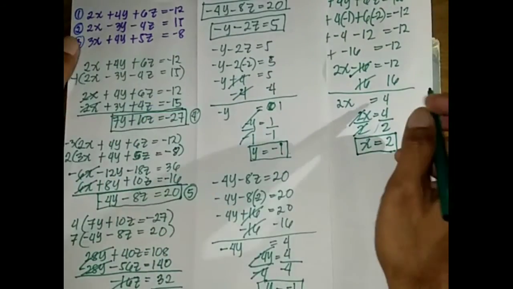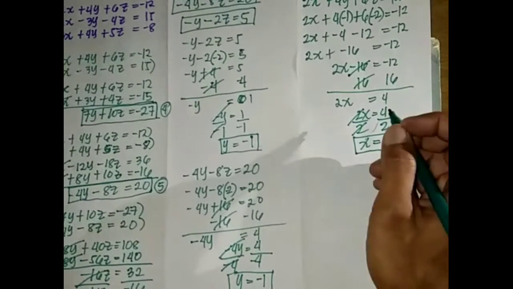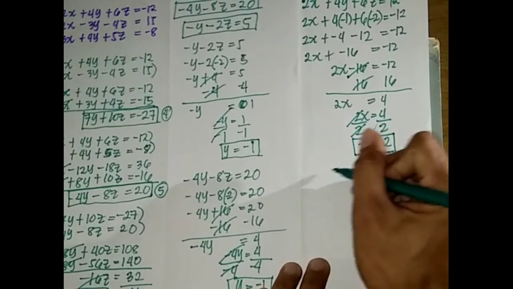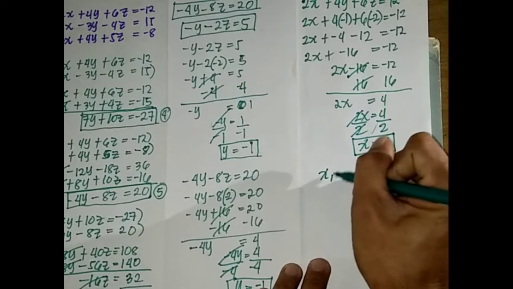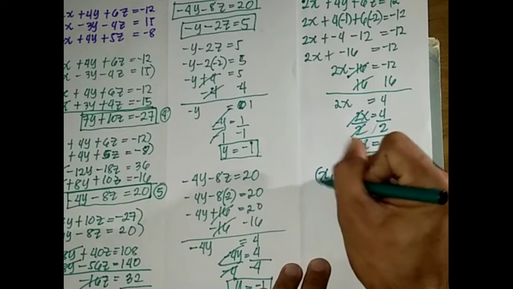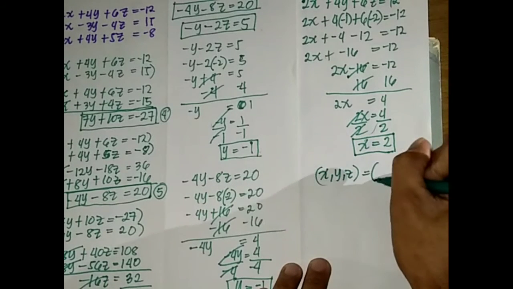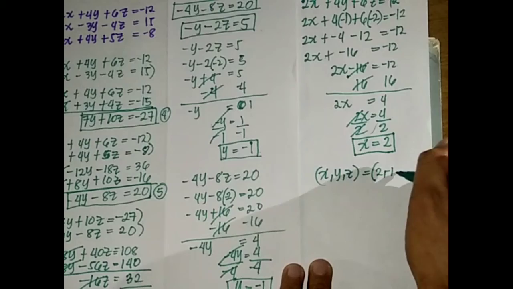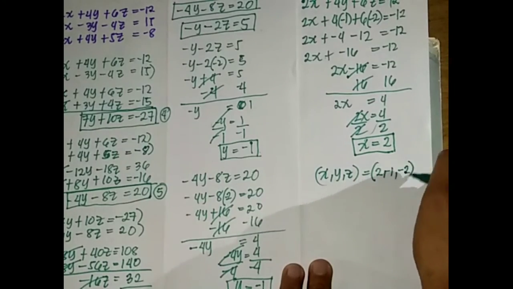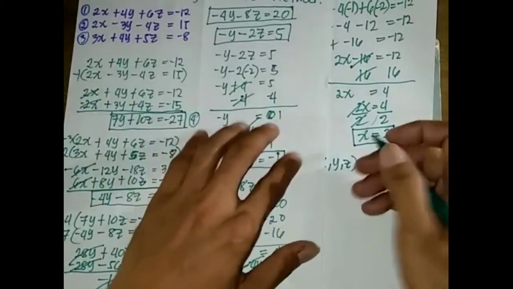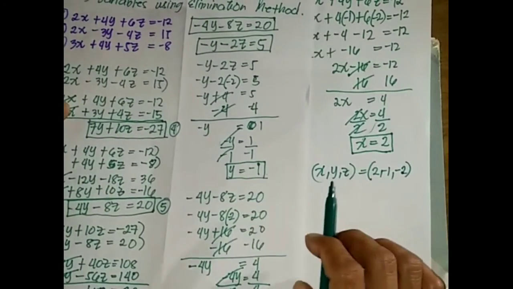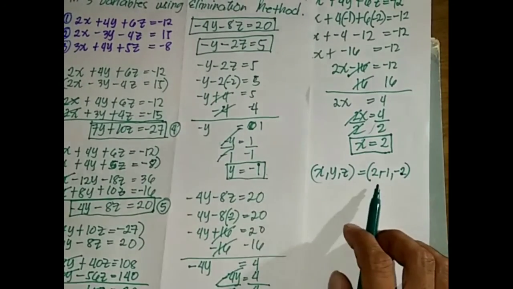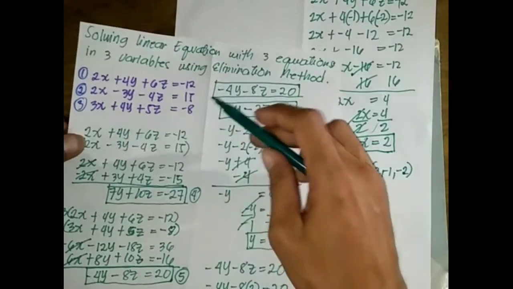So the solution of our 3 given equations ay x, y, and z is equal to 2, negative 1, and negative 2. So to check kung tama ba ito, we will substitute the value of x, y, and z to one of our original equations.